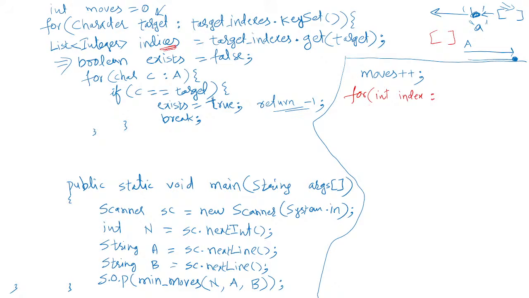This indices is an array list. So from this indices you get one by one index, like 1, 2 you have. So what you need to write here: from indices into index, for int index colon indices, give the variable name here. It supplies all the indices one by one, which will be stored in the index.